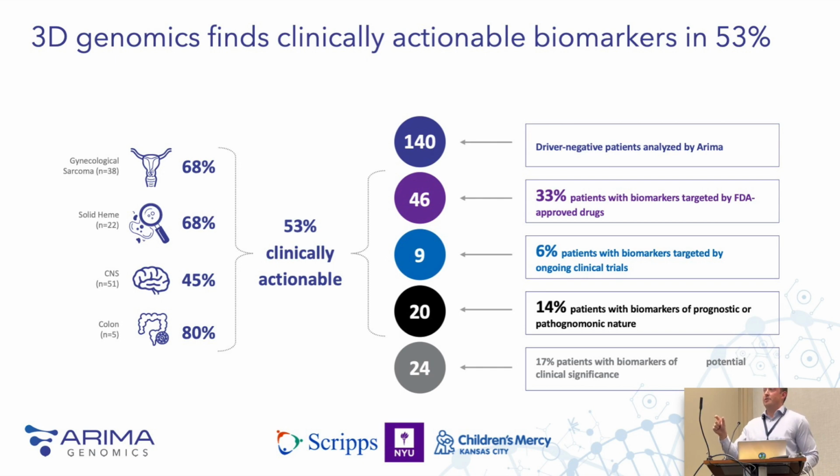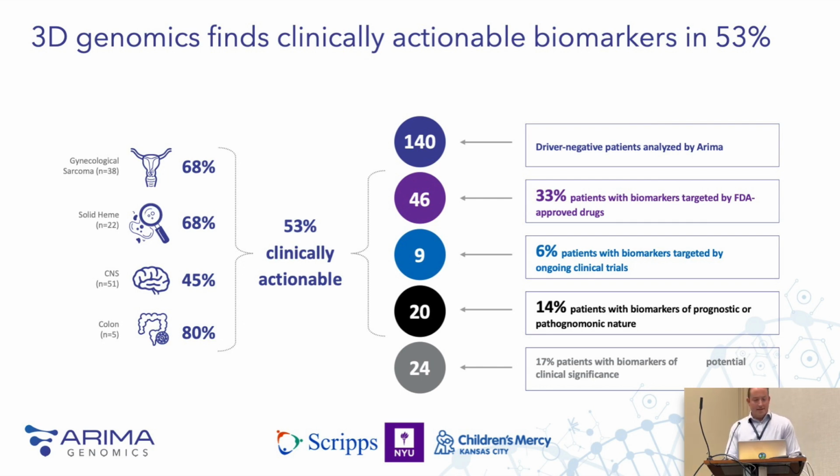So that's about 33% of the time that's what we find. And about 6% of the time we find a fusion biomarker for a drug that's ongoing in trial, and 14% of the time a fusion biomarker that has diagnostic or prognostic significance. So that's about 53% at the time that we made this slide.